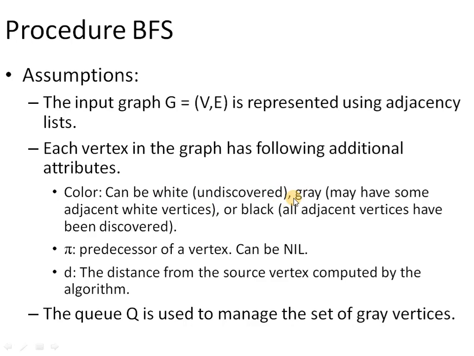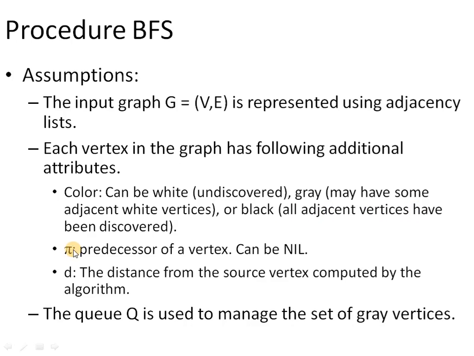It will become gray when we have discovered it for the first time, and it also signifies that the vertex may have some adjacent vertices which are still white in color, that is still to be explored. And lastly, the color of a node can be black. That means we have explored all the adjacent vertices of that particular vertex.